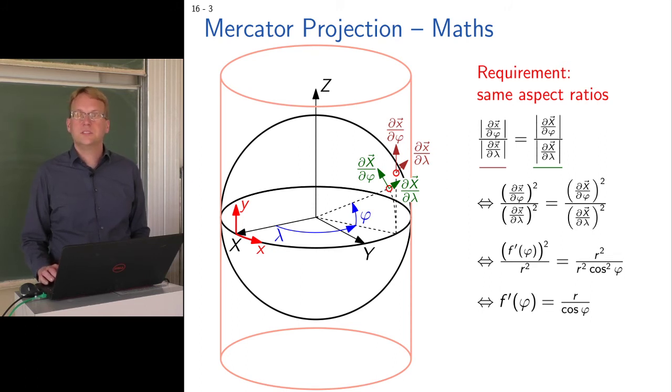well, what do we need to do actually to come up with f? Question to you, maybe you know what this will be. Well, we need to compute the integral of that. We have here f prime equal to r divided by cosine phi, and from f prime we would like to compute f, meaning we need to compute an integral.